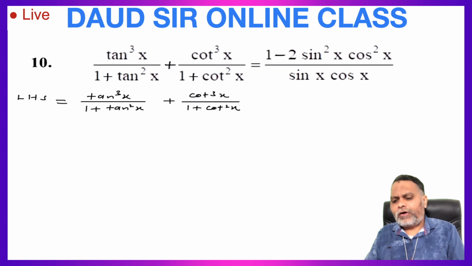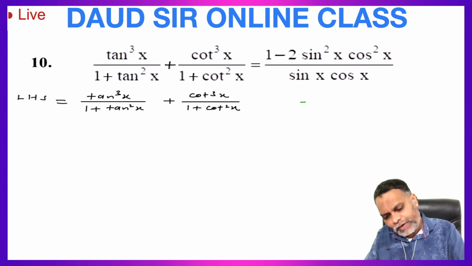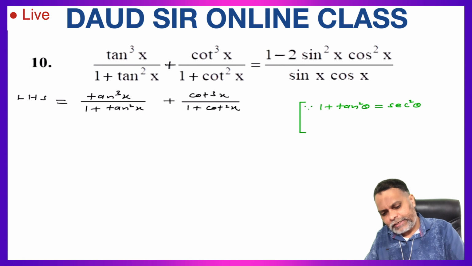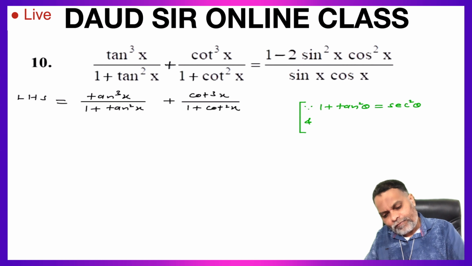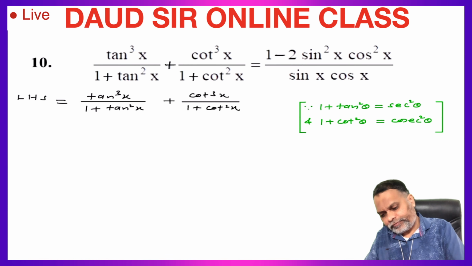So recall the Pythagorean identities. We had these two identities. Since 1 plus tan square theta is equal to sec square theta, and 1 plus cot square theta is equal to cosec square theta, we can apply these two identities in the denominators.